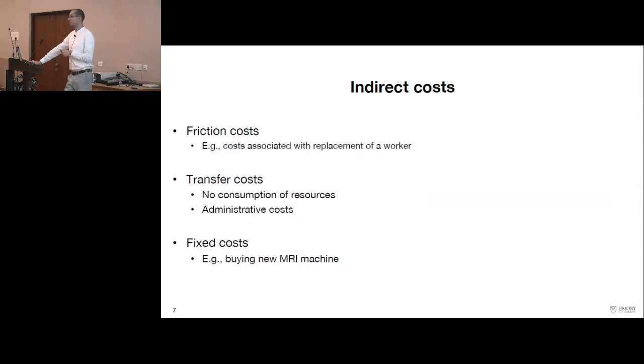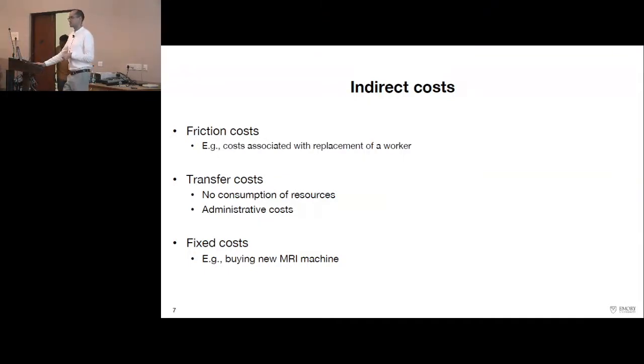Other examples of indirect costs are friction costs. Those are costs associated with replacement of a worker. If a worker is not working, the employer likely still needs someone to get the job done, and that imposes additional costs on the employer. So if we're taking the societal perspective, that matters.